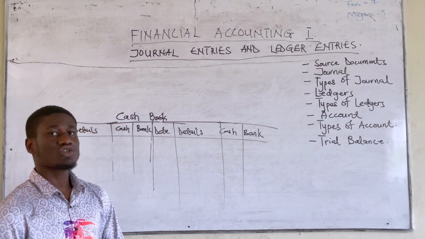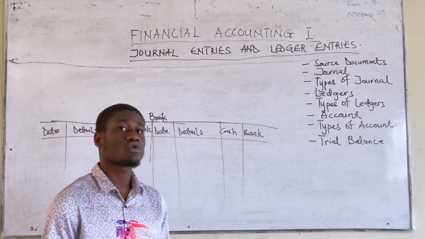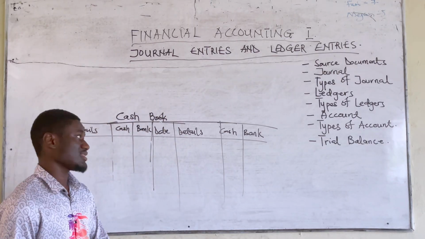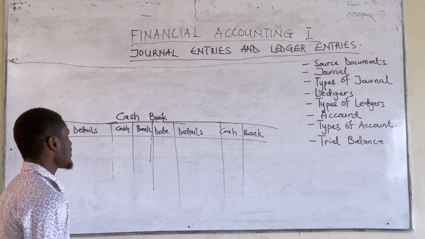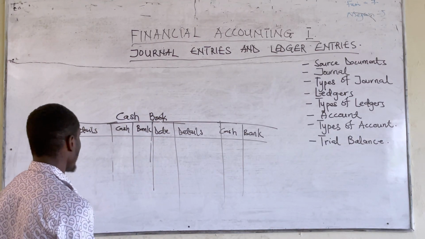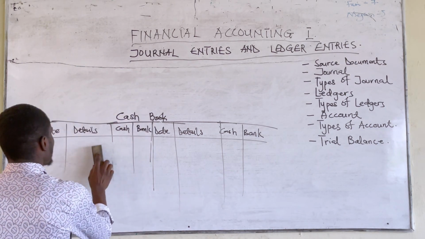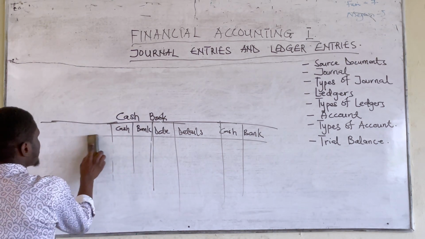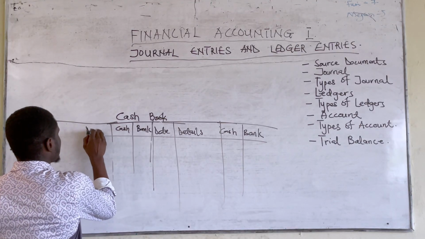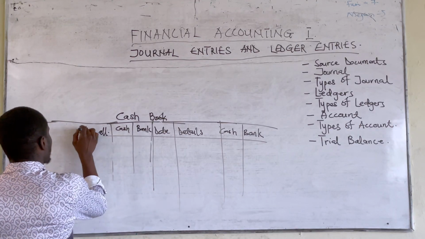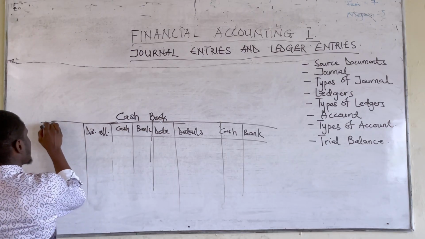Good. We also have the three column cash book, which is used to record the discount and the cash and bank transactions. You get it? So with the three column cash book, we will have discount allowed here, then the same thing.